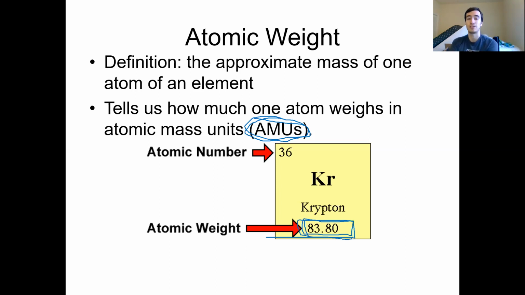And nobody wants to write that every single time. So instead, scientists came up with a new measurement, AMUs, that tells us about how much one atom weighs. They figured out how much to weigh an AMU by essentially saying, all right, we're going to say that protons are 1 AMU and neutrons are 1 AMU.